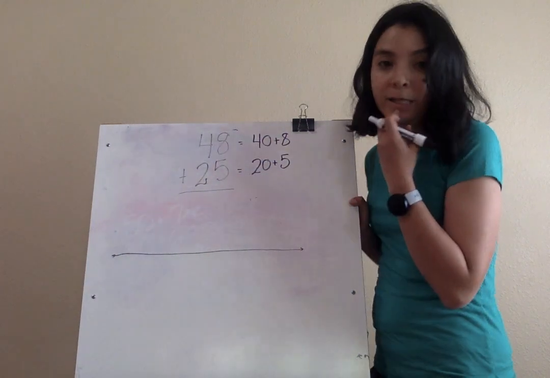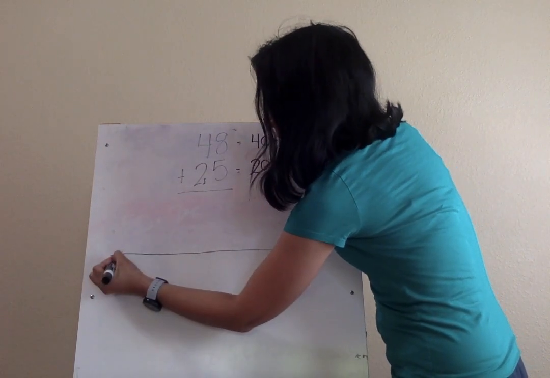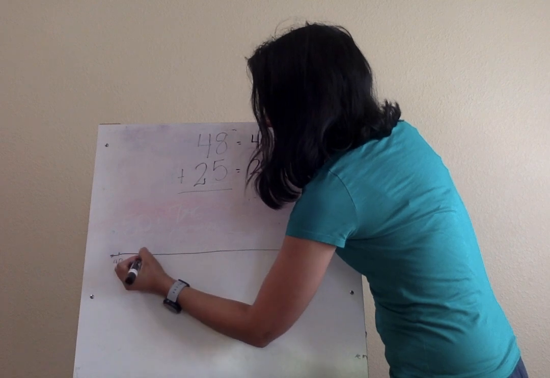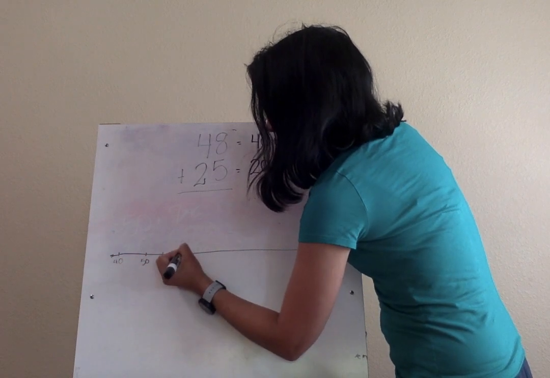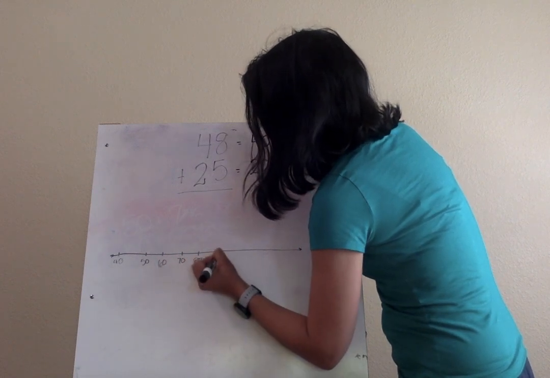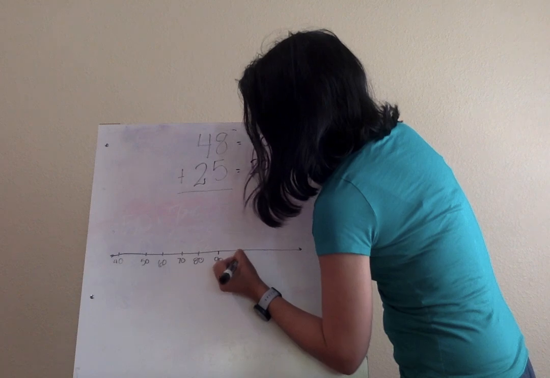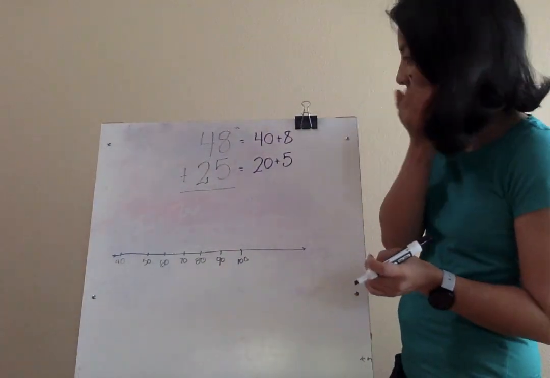I think I can count by tens in this number line. So I will start with 40 and 50. 60, 70, 80, 90, 100, and I leave some space in case I need to add some more.